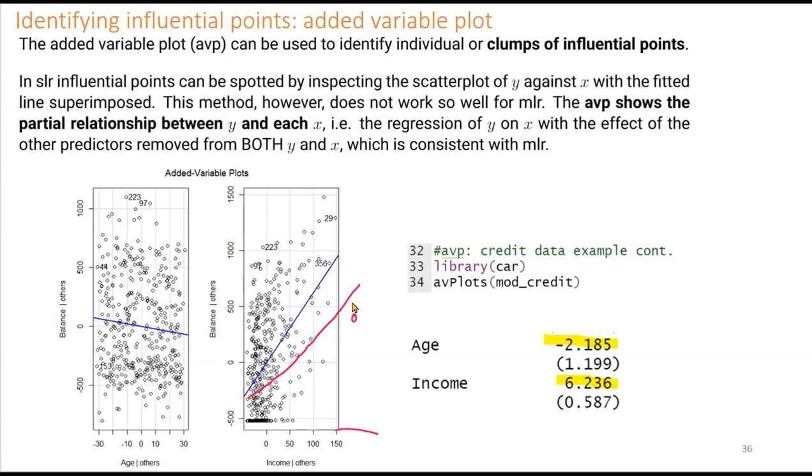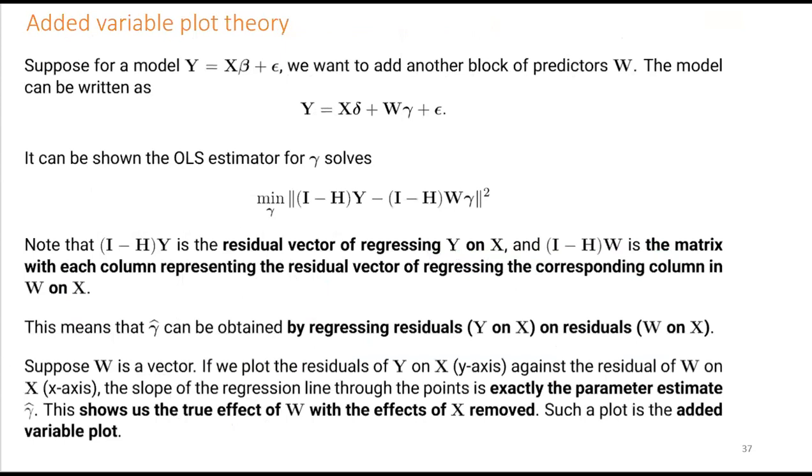Since this is the only data point in this neighborhood, I would be concerned. If I've got a few points, enough density to pull the line down, then these four here would be considered possibly influential, and I would want to take all four points out, refit, and check the fit. There is some theory that we can go into in this added variable plot.